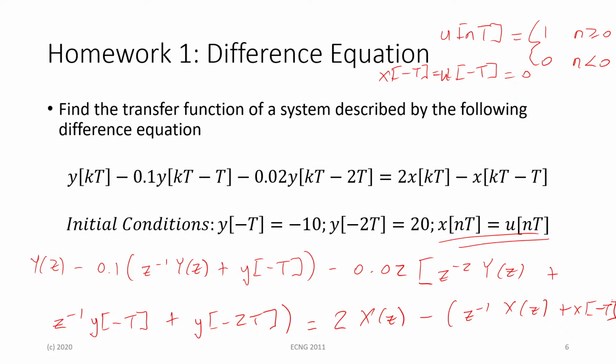The next thing to pay attention to, because x(nT) equals u(nT), is that on the Z-transform property table, which you'll be provided with, u(nT) has a Z-transform. I'm going to look for this Z-transform table now to show you what it actually is.